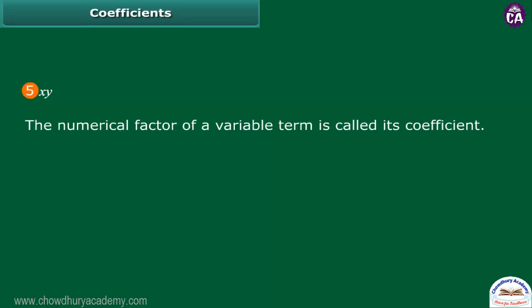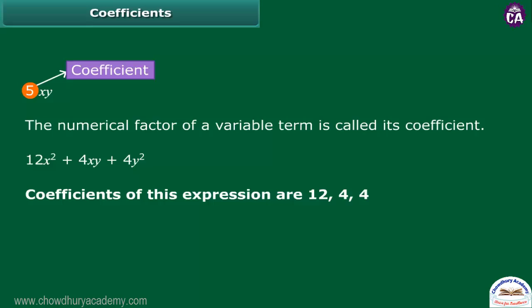See, in the term 5xy, 5 is the coefficient of the whole term. Let us take this expression 12x squared plus 4xy plus 4y squared. It has 3 terms and 12, 4, 4 are the coefficients of the terms.